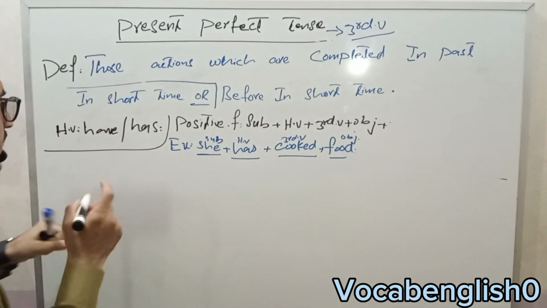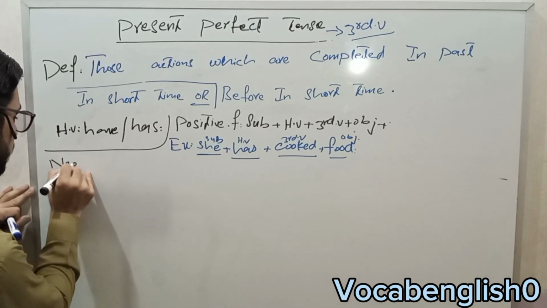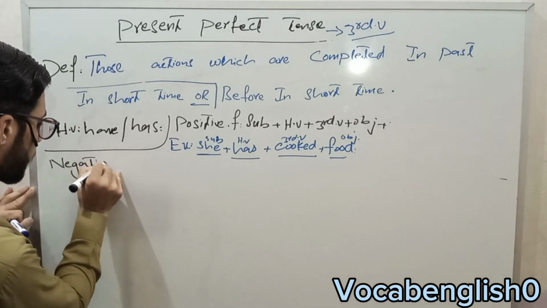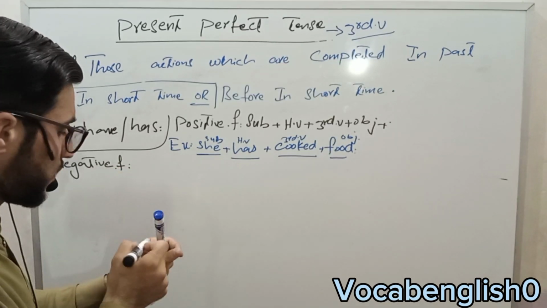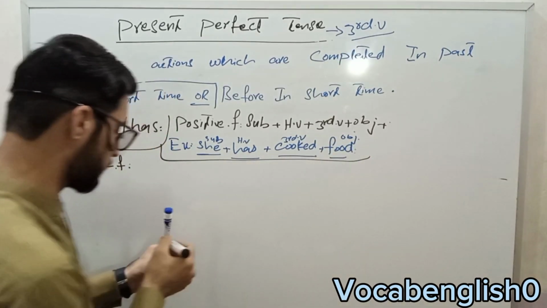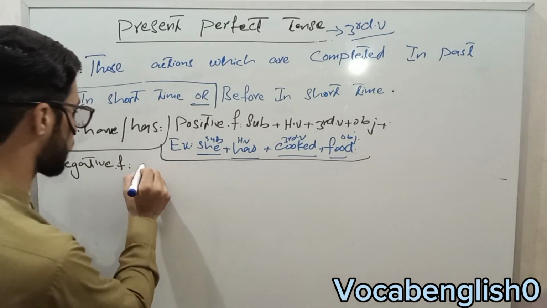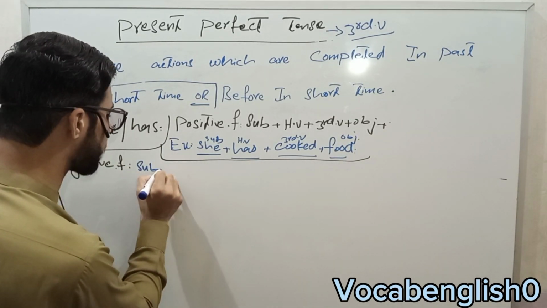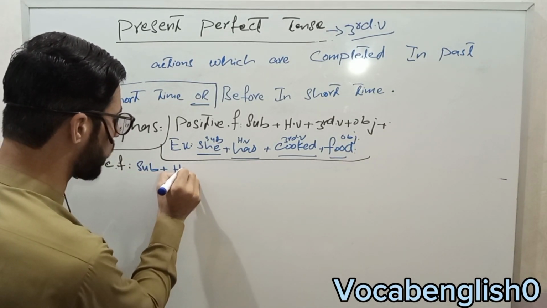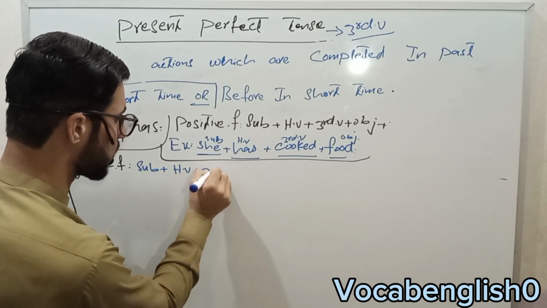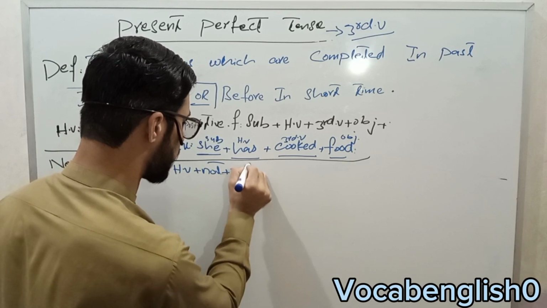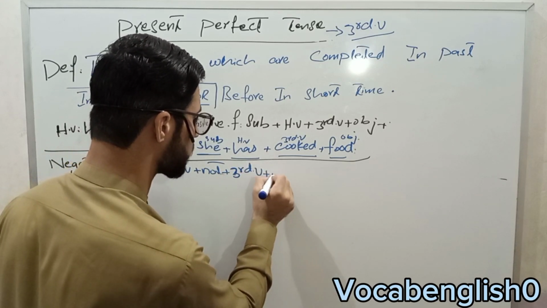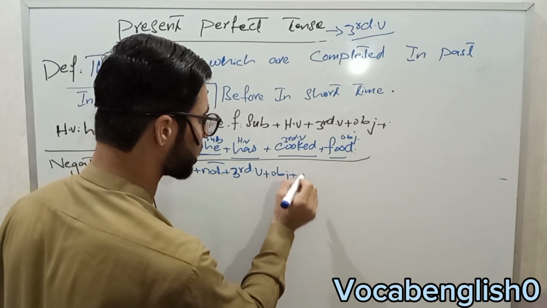Now the second is the negative formula. What is the negative formula? Subject plus helping verb plus not plus third form of verb plus object plus full stop.